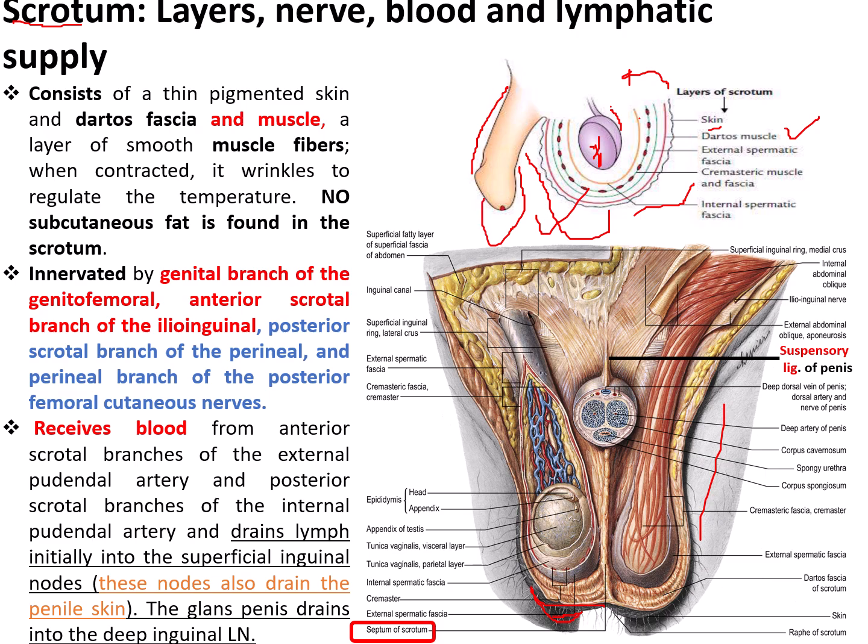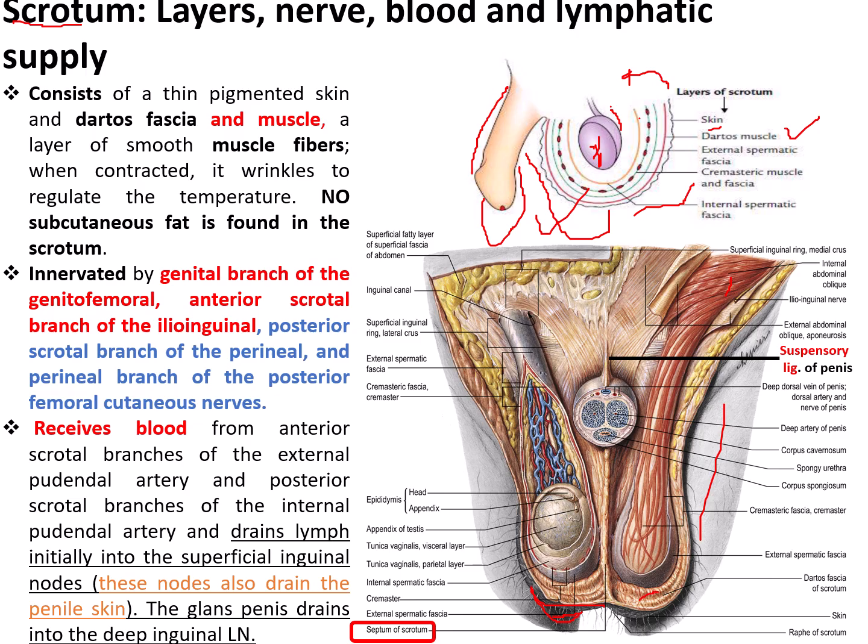Remember that this cremasteric muscle and fascia are important because this muscle helps elevation of the testis in cremasteric reflex, which is protective and supplied by genitofemoral nerve.